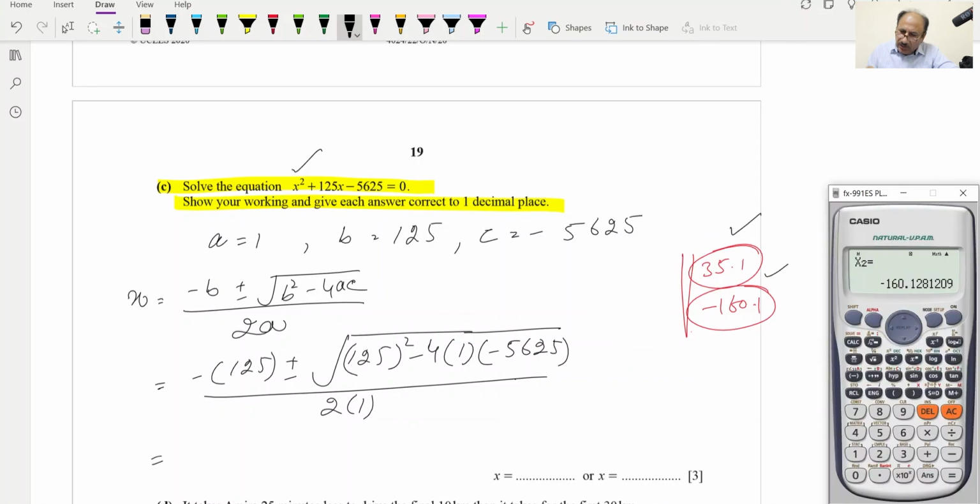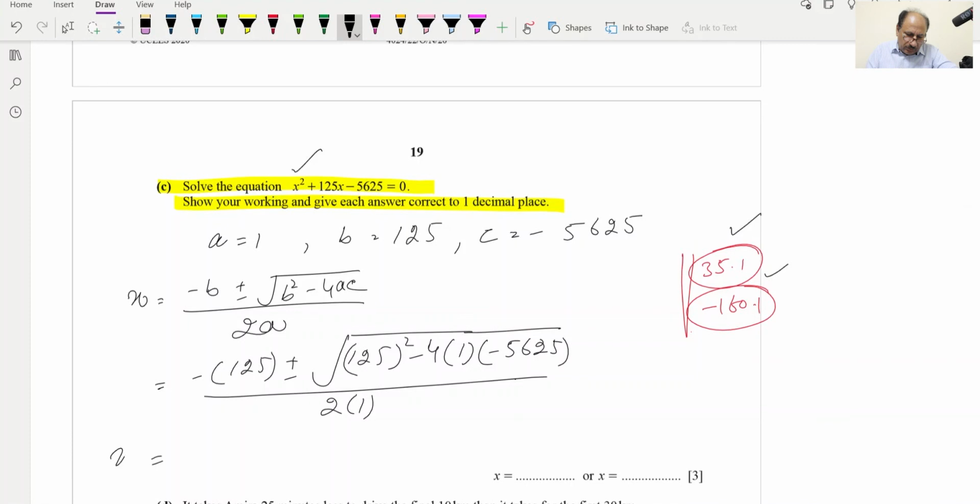Now we can type this equation as a fraction, taking the plus sign first and then the negative sign. Minus into minus will be plus, so I'll put minus 5625 in brackets, divided by 2, and you can see x1 will be equal to 35.1.